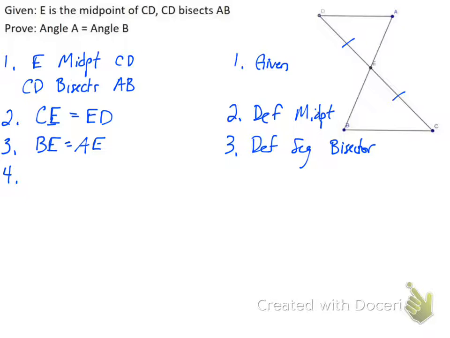And then looking at my picture, I'll mark on my picture that those are equal to each other. And looking at my picture, it looks like an hourglass. So I'm going to know that these two angles are equal to each other. So with number 4, I'm going to say that angle DEA is equal to angle BEC by vertical angle theorem, VAT.